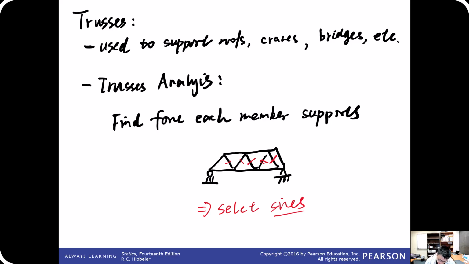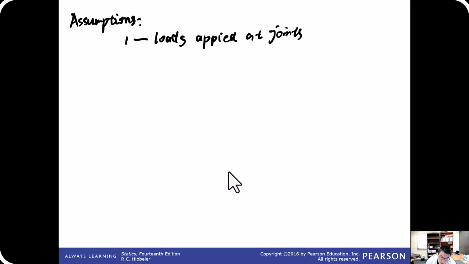And here are some assumptions when we are doing truss analysis. First, loads are applied at joints. Second, we neglect the member weight.